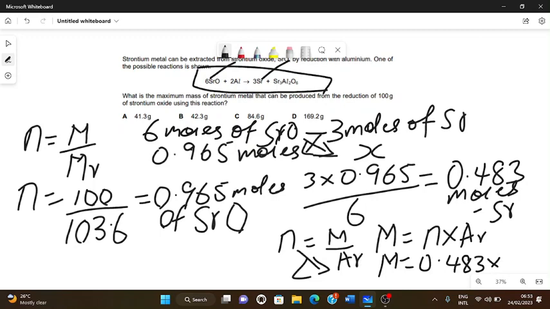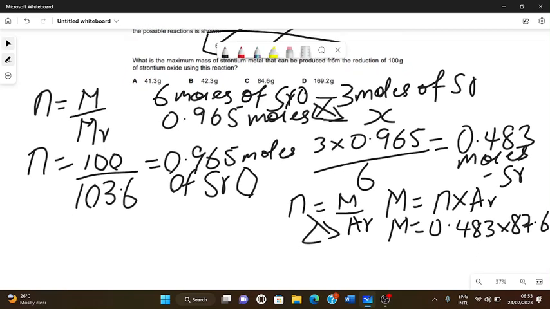So the relative atomic mass of strontium is 87.6.